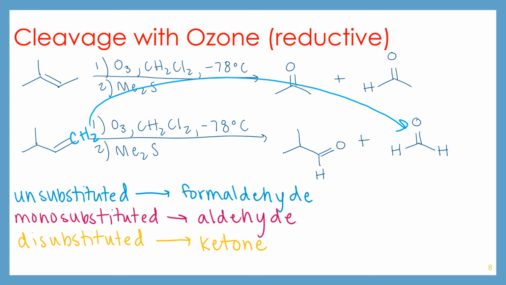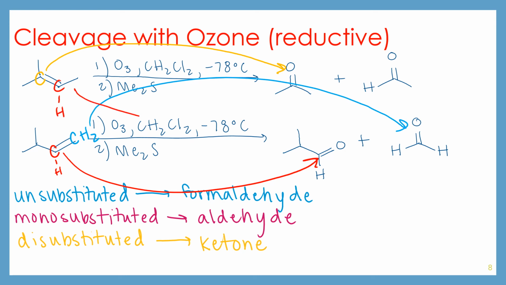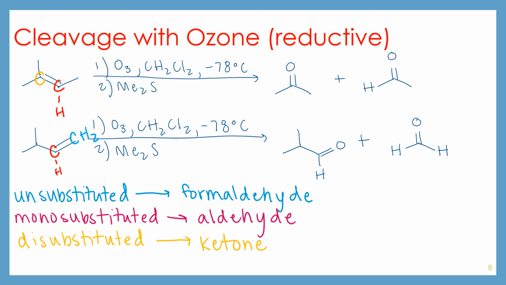A monosubstituted carbon, such as this one here, will turn into an aldehyde. And a disubstituted carbon, such as this one here, will make a ketone. And then there was also a monosubstituted carbon on this one, and it made an aldehyde. So if you can remember that, then you'll always be able to come up with the correct product.